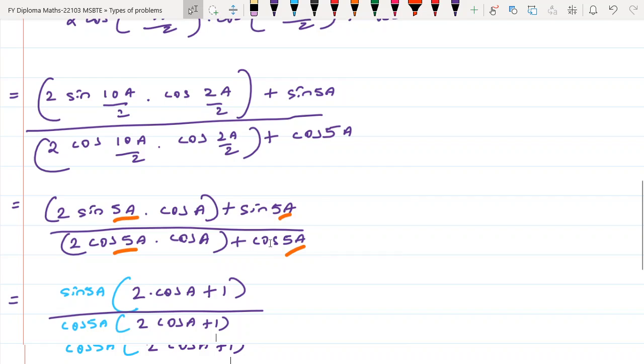If you see here, the cos a is here. If you take cos a and you open up the brackets as common factor, this is how you get it, and if you just double check it, you can see it.